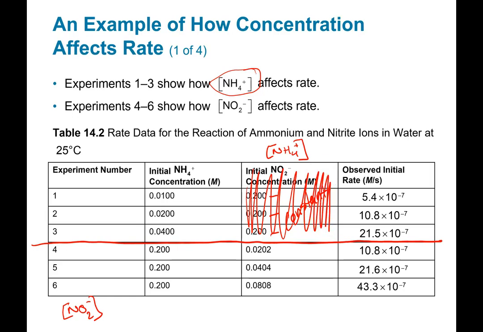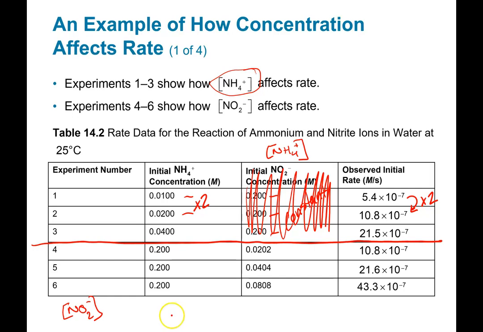What we are going to look at is how NH4 changes between, say, experiment 1 and experiment 2. We know it goes up by a factor of 2. Then we're going to compare that to how the observed rate changes. From experiment 1 to experiment 2, we see that the initial rate doubled.